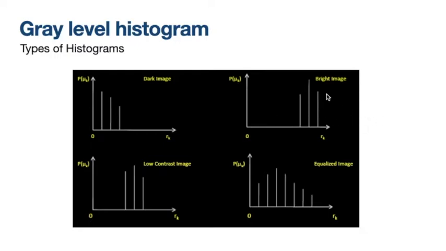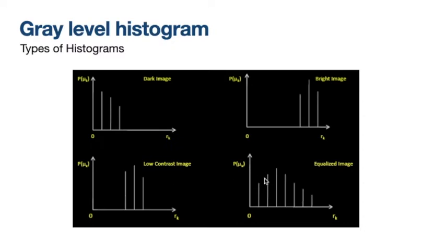That is the bright image histogram, where the gray levels will be of higher values. And in the low contrast image histogram, it will be a narrow graph which is mostly concentrated to the middle of the graph. That is a low contrast image.